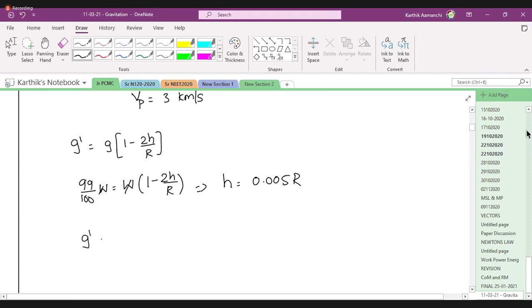Now, if it's going to a depth, this is height. Depth again, g into 1 minus d by r. But d itself is the same height h, no?